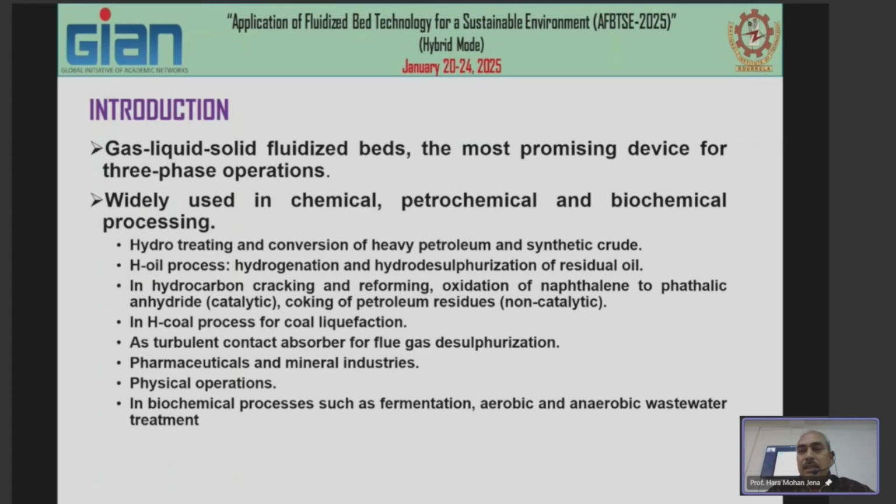And this gas, liquid, solid fluidized bed is widely used in chemical, petrochemical, and biochemical processing.